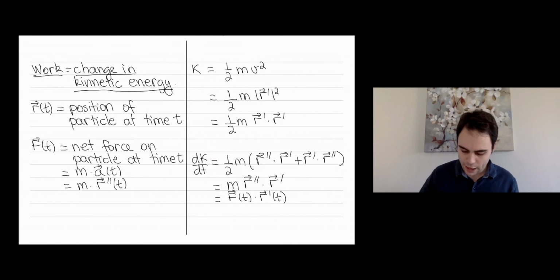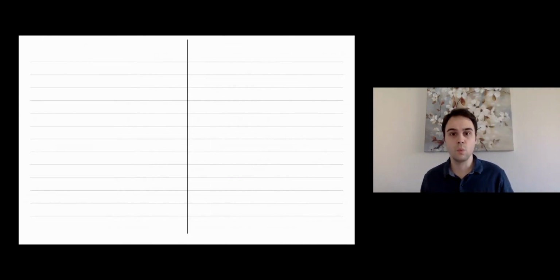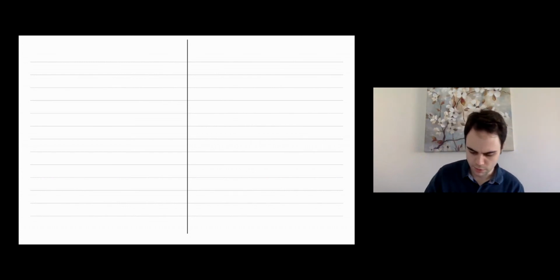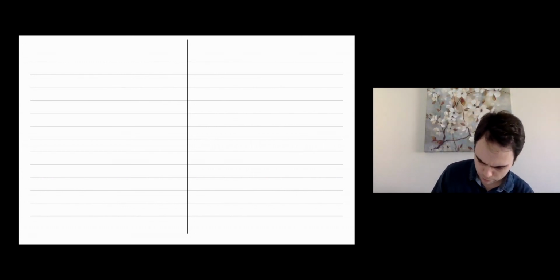Now let's see what happens when my particle, when time goes from some starting time a to some final time b. Right. So let's say that t increases from a to b.